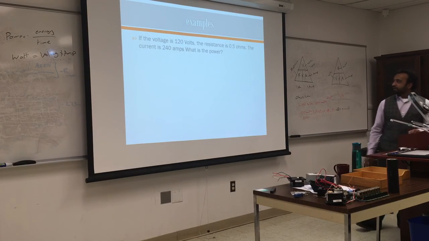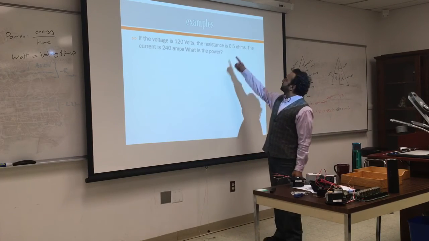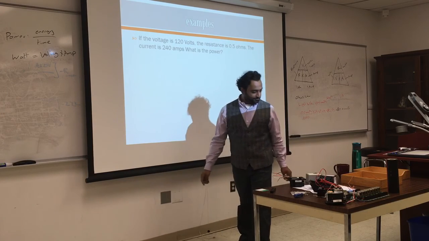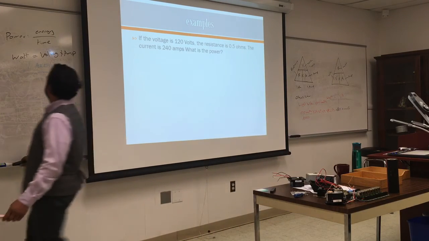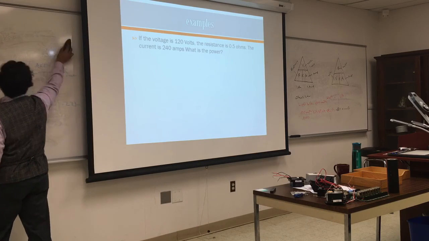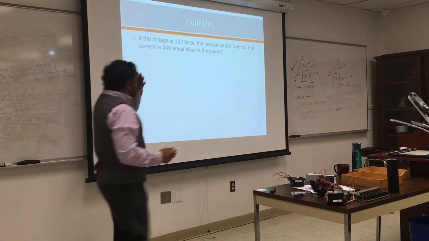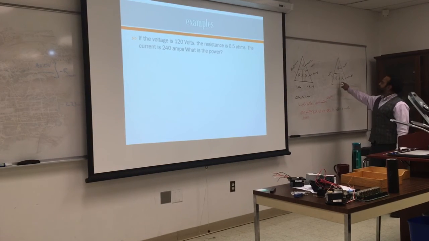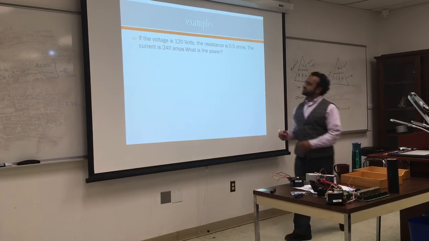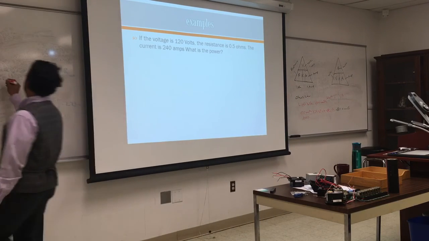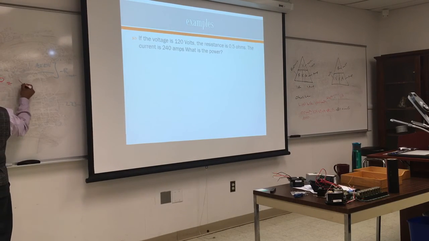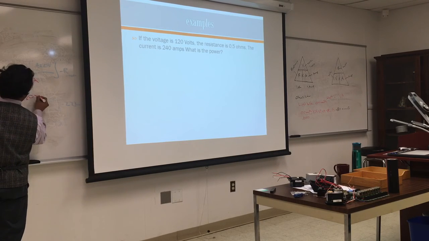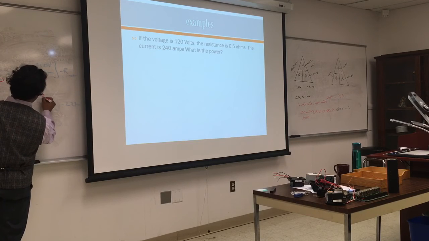More examples. If the voltage is 120 and the resistance is 0.5 ohms, and the current is 240 amps, what is the power? Do you need the formula for that one already? To find the power, I need the voltage and the amps. So I don't even need the resistance. So power equals voltage times amperage equals 120 times 240 amps.